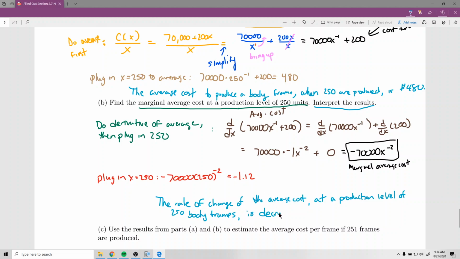Since it's negative, it's decreasing by $1.12.